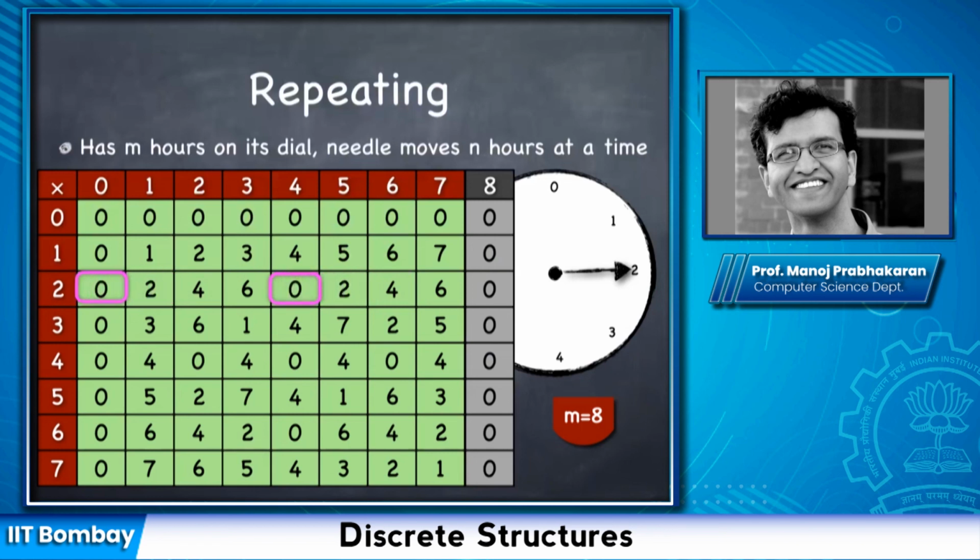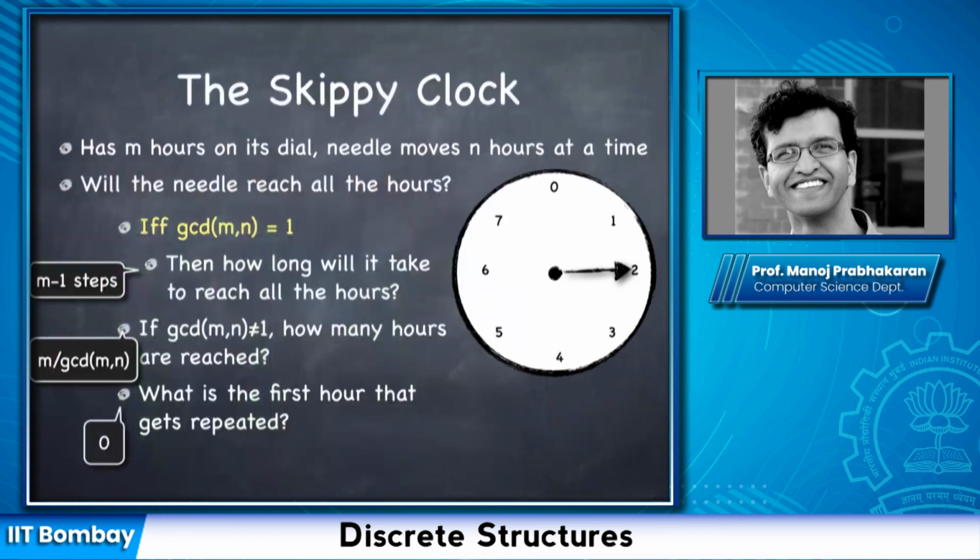The only case where this argument does not work is when one of them is the first position, and that is 0. So that's another way to see that the first number that repeats has to be 0. All right, so that's the answer to that question also.